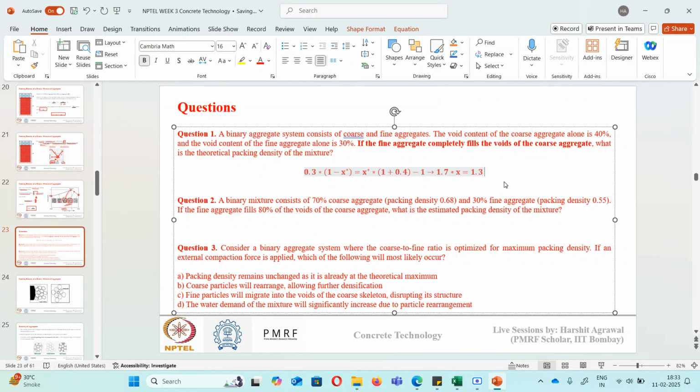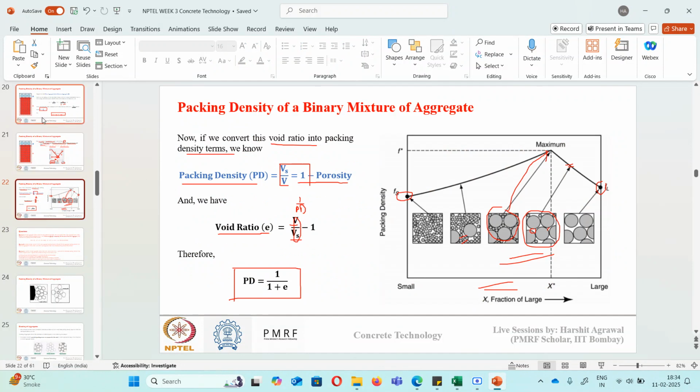So my x will come out to be 76.5%, or you can write it as 0.765. So this is my theoretical value of void ratio. This is my packing density, I can say.